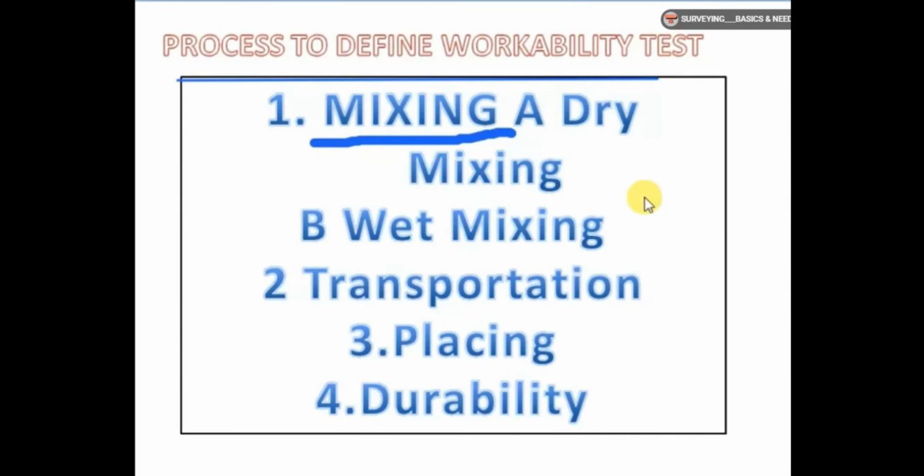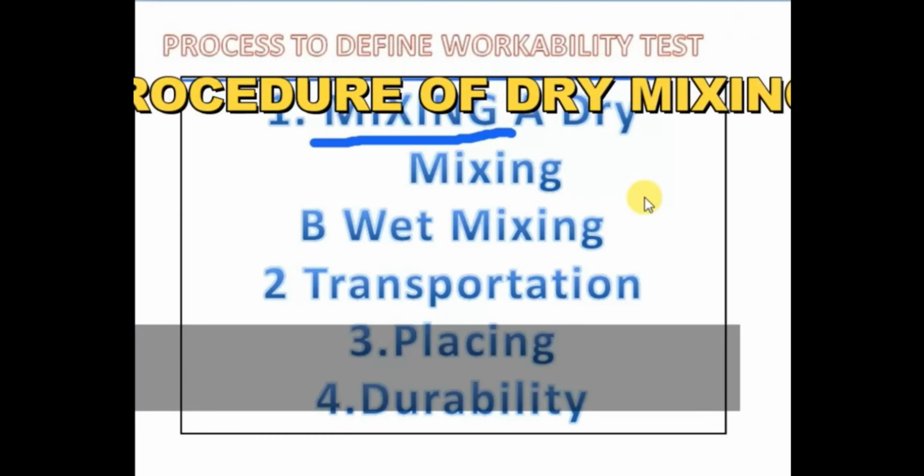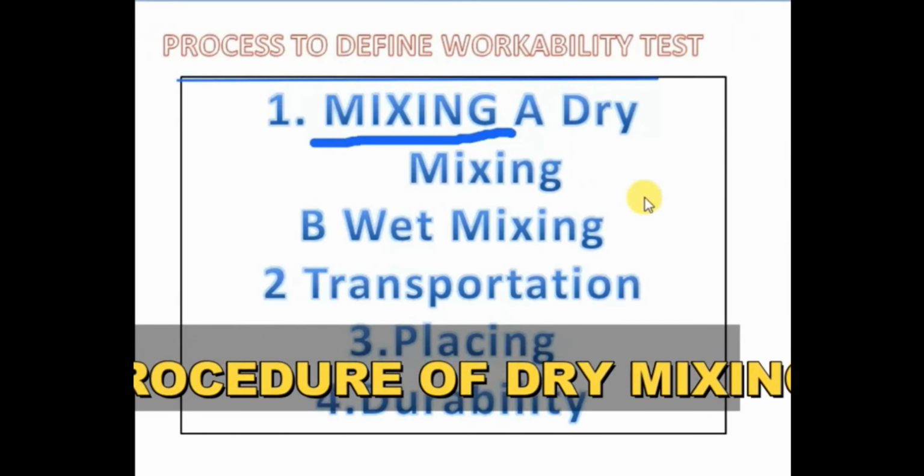Then when it is dry mixing, we mix it up thoroughly in such a way that the color comes out to be uniform. That means the mixing should be such that the full sample comes out to be of a uniform color.